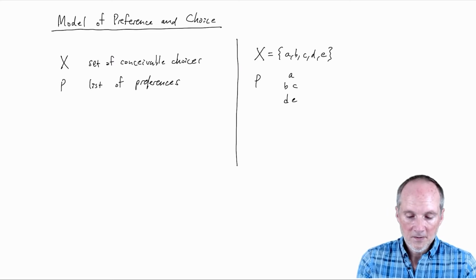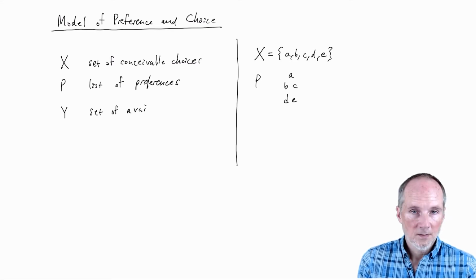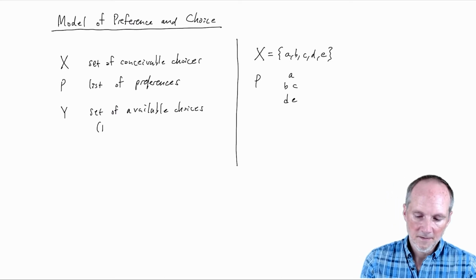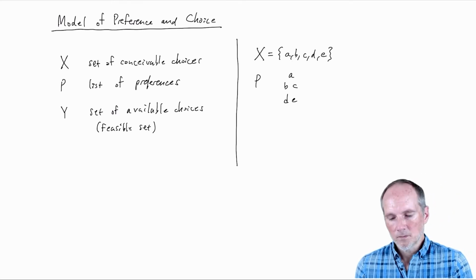We're going to have another set, let's call it capital Y. These are the choices that are available to the decision maker, and sometimes this is called the feasible set. Technically, it's going to be a subset of X.